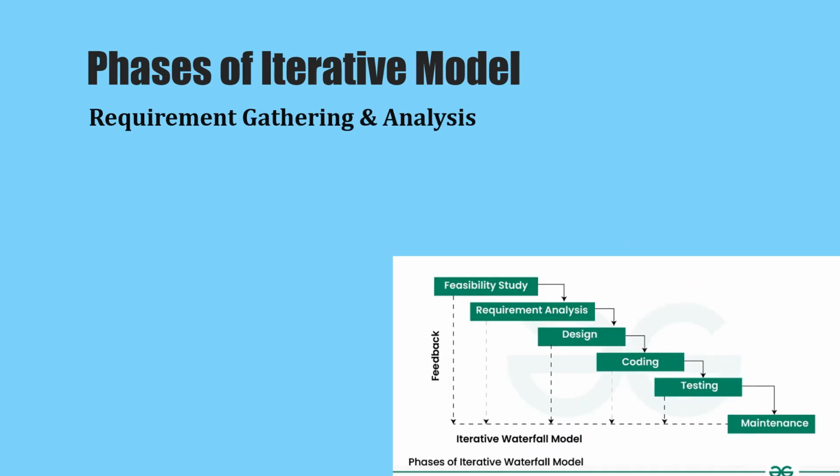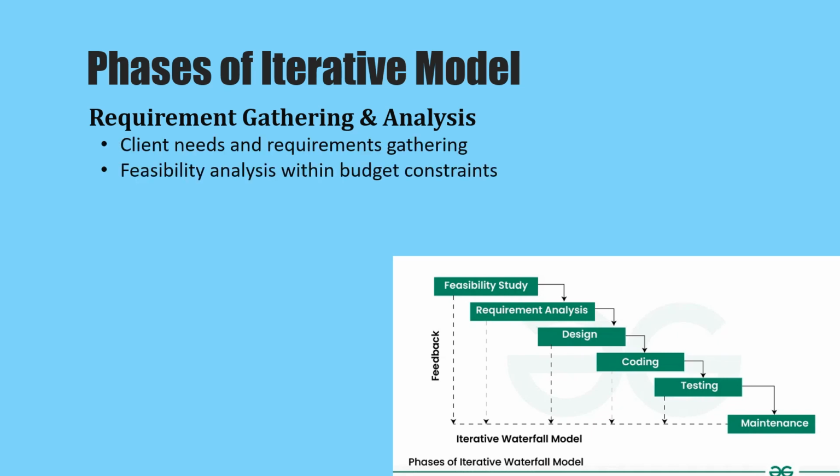Phases of iterative models: requirement gathering and analysis. This phase focuses on collecting and analyzing client requirements to ensure they align with project goals and budget. Analysis assesses feasibility and potential impact on the project scope. Design phase.